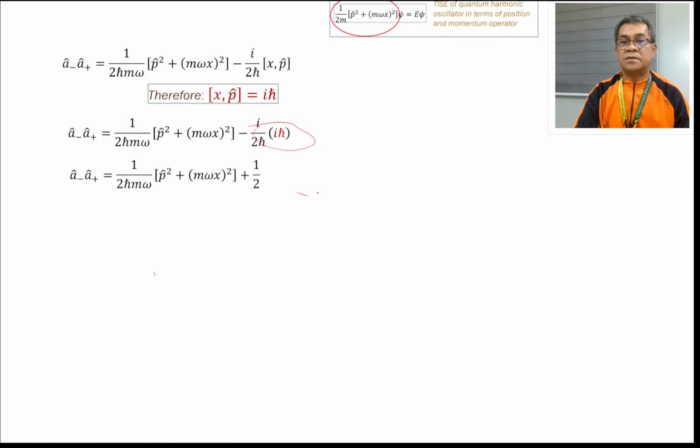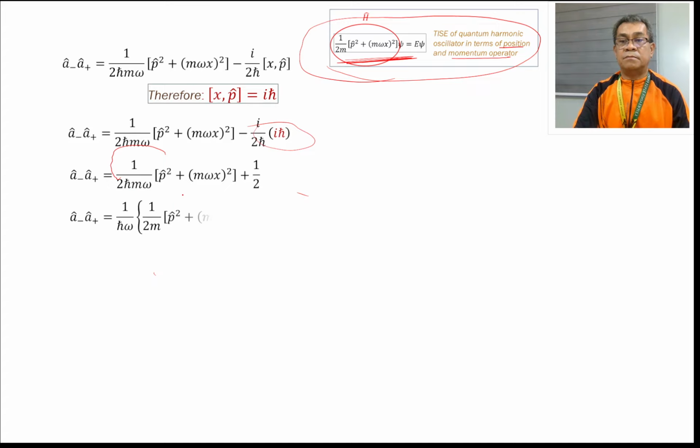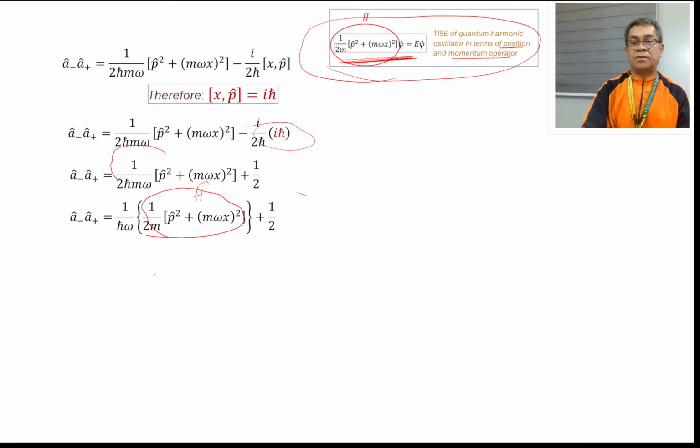So take note that when you look at this in terms of position and momentum, this is what we derived in our previous slide. So this one, without omega and ħ, is actually the Hamiltonian operator of the harmonic oscillator.